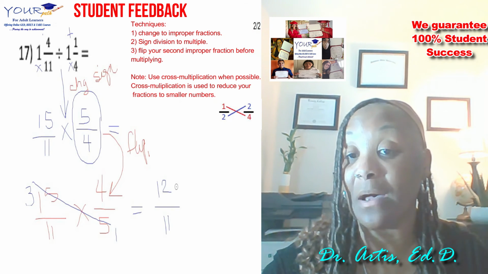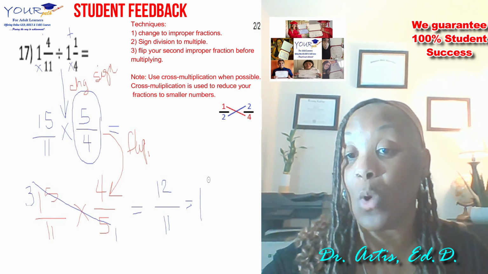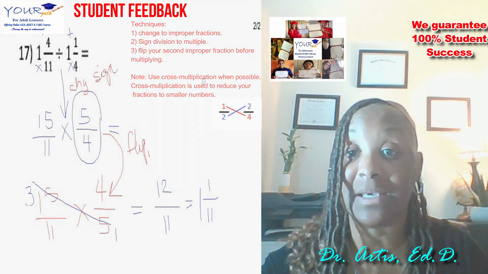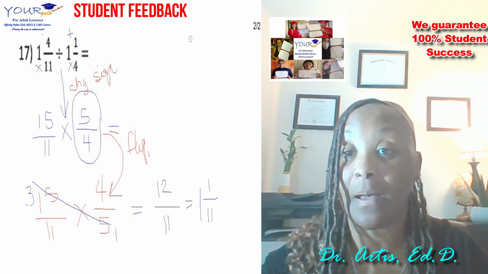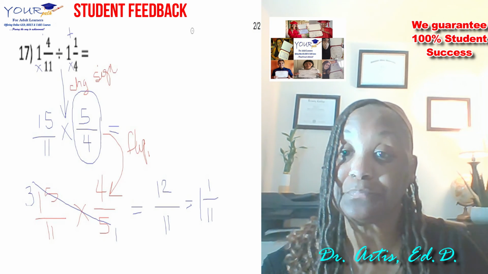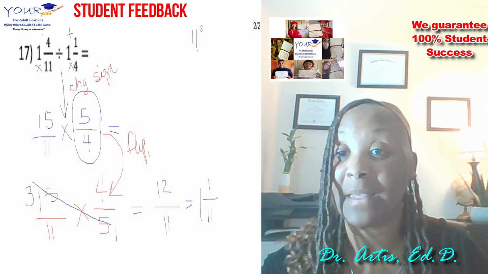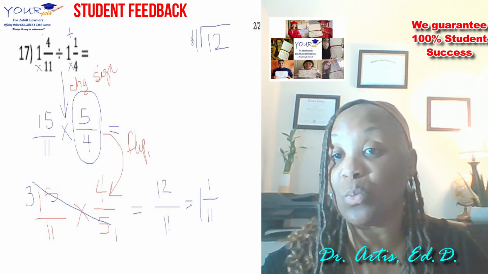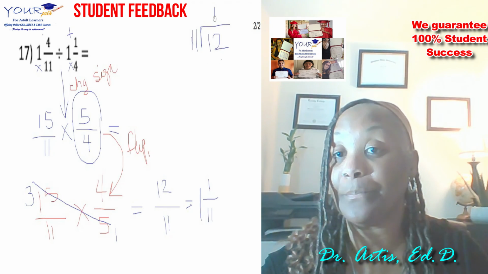11 goes into 12 1 time. And we have 1 remaining. And our denominator is 11. So that looks like this. We have 11 divided into 12. 11 goes into 12 only 1 time, okay?